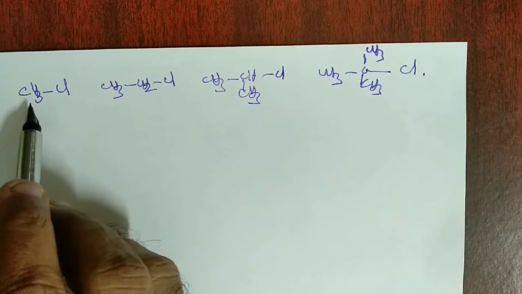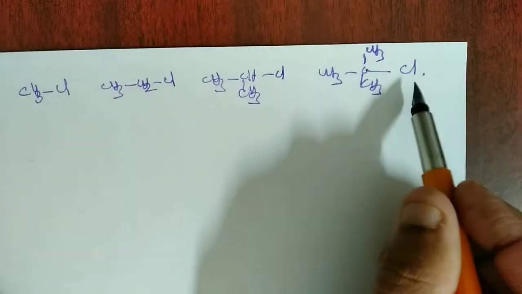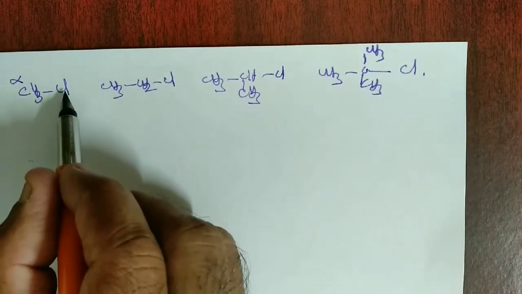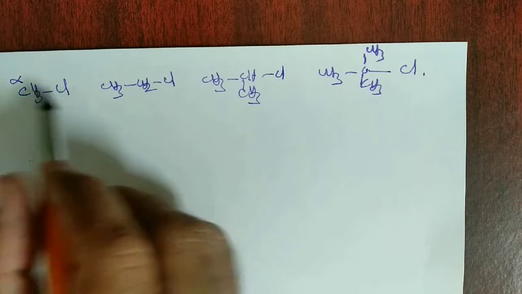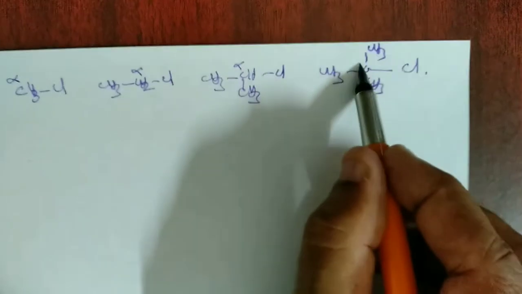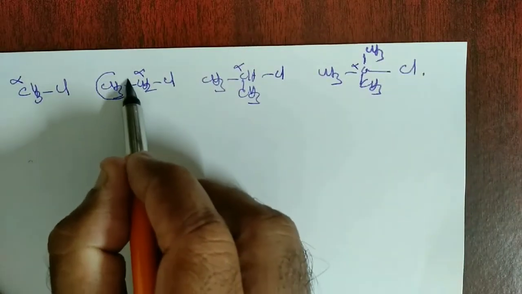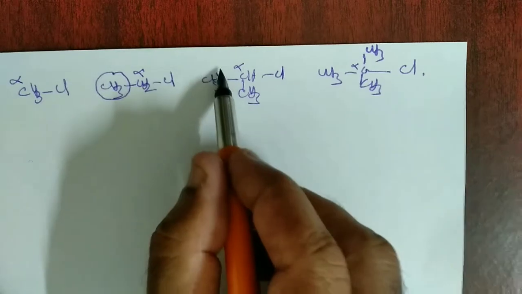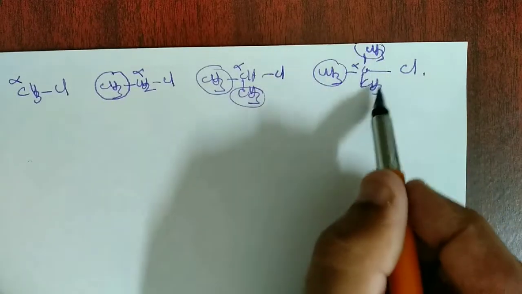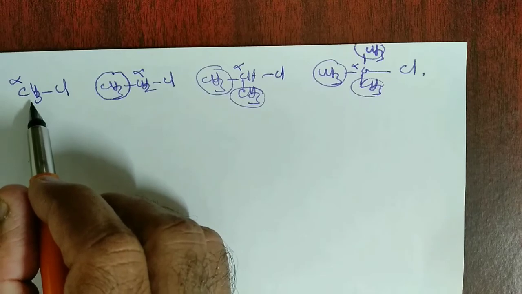Consider the molecules methyl chloride, ethyl chloride, isopropyl chloride and tertiary butyl chloride. Carbon atom directly bonded to halogen is called alpha carbon. So these are the alpha carbon atoms. When we move from left to right, alkyl substitution at alpha carbon atom increases. In the first compound, alpha carbon atom is bonded to 3 hydrogen atoms.